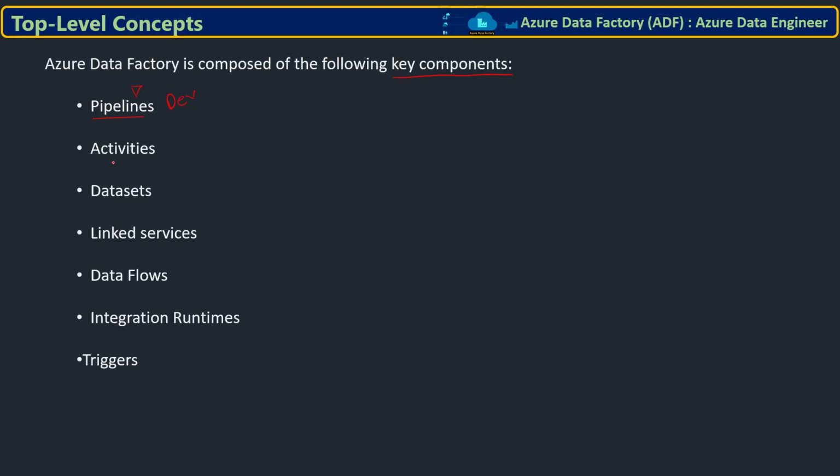Like copying the data, getting the metadata, fetching the data, calling the API endpoint, or iterations, conditionals, switches. Variables are there. How to handle variables, array related concepts will be there. For each small task, there is going to be one activity, a drag and drop activity. We will see this somewhere.